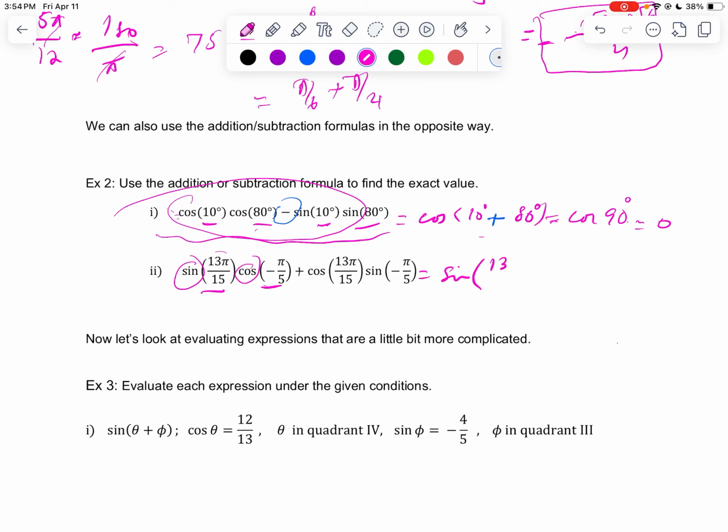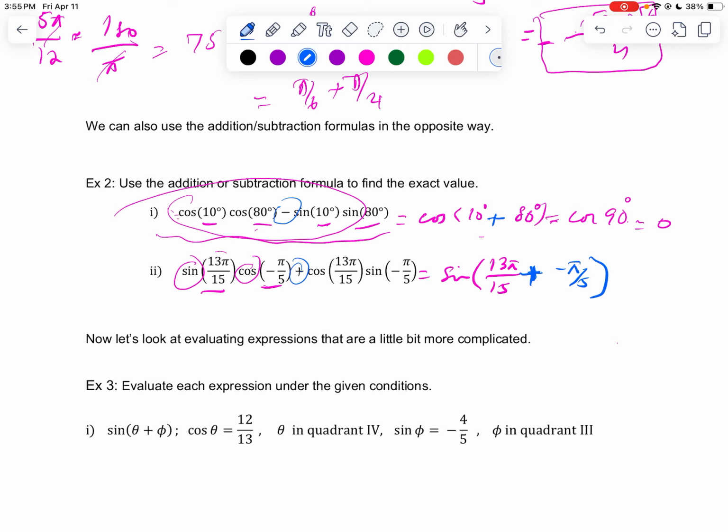Now, will I have plus or minus? Well, remember in sine, whatever sign is here is going to be here. So plus, and the second one is negative pi over 5. So plus negative pi over 5, so actually it would be 13 pi over 15 minus pi over 5.